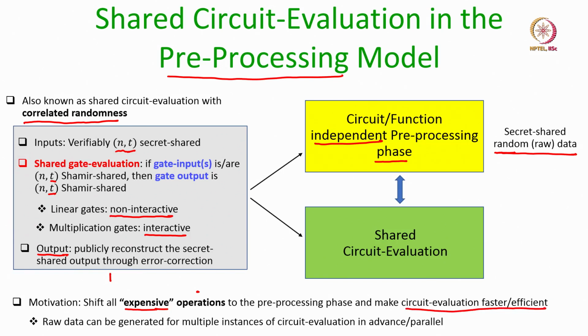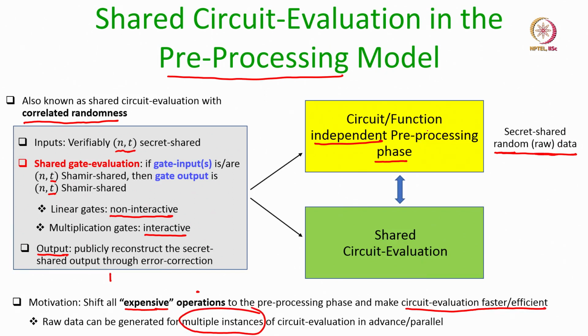And the advantage that we will get through this process, namely dividing the circuit evaluation into two phases, is that this raw data can be generated for multiple instances of the circuit evaluation in advance in parallel.